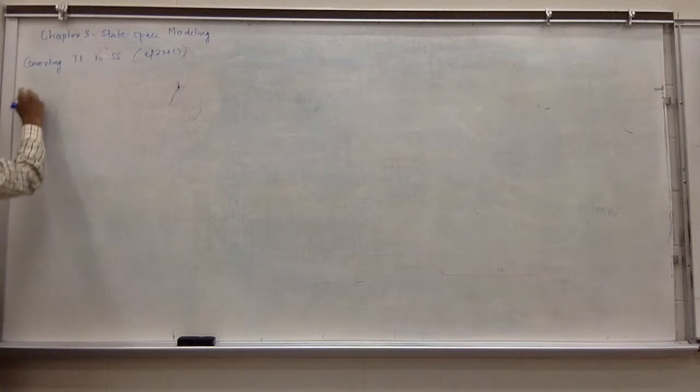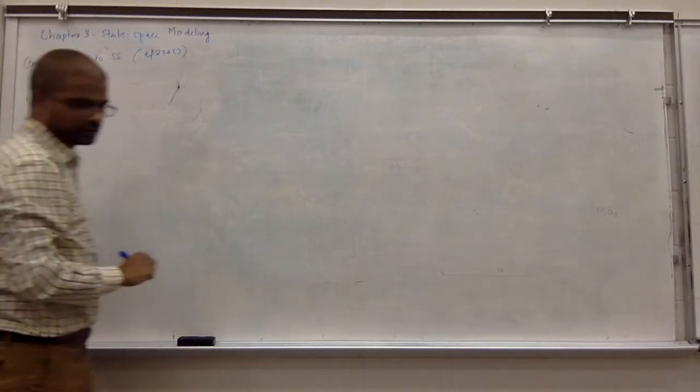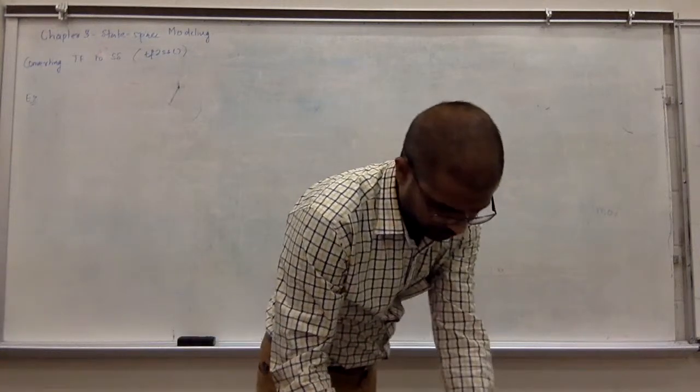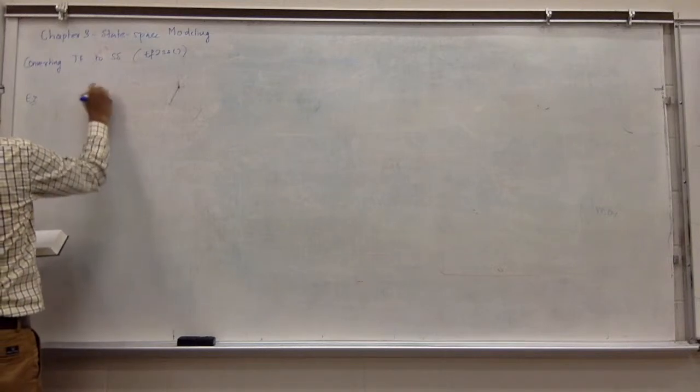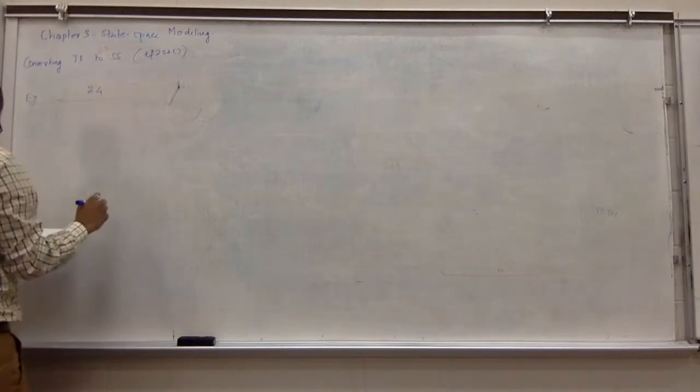So we'll take an example. Let's look at this. It's very straightforward, especially the one with a constant in the numerator.